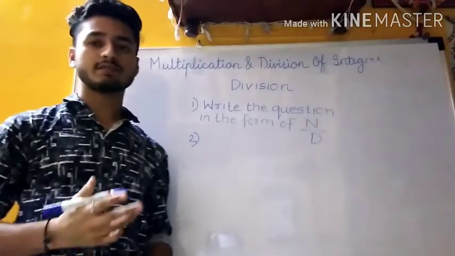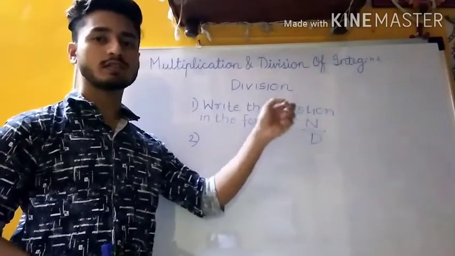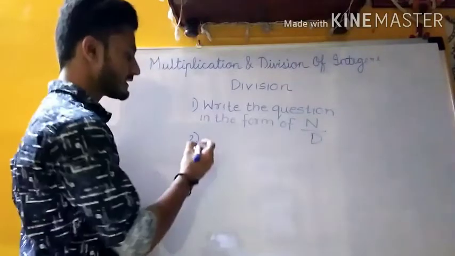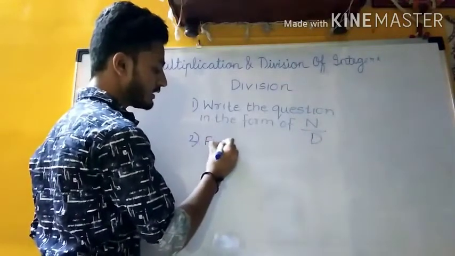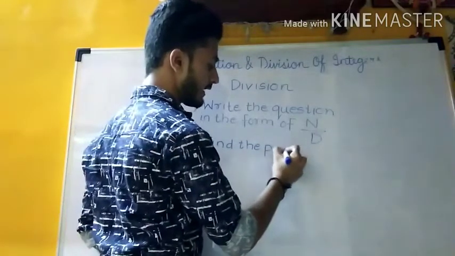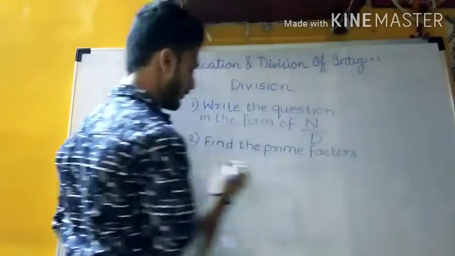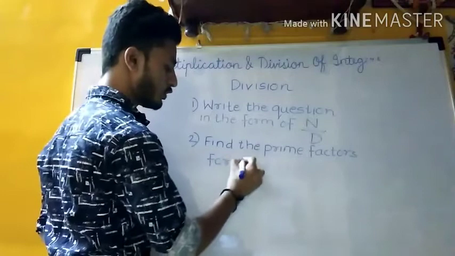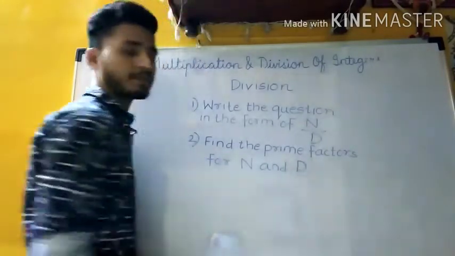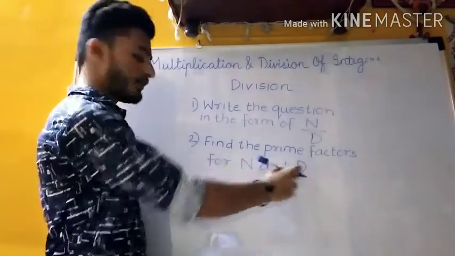In the previous chapters we have learned how to find prime factors, so we are going to carry out the same process to find the prime factors for numerator N and denominator D.